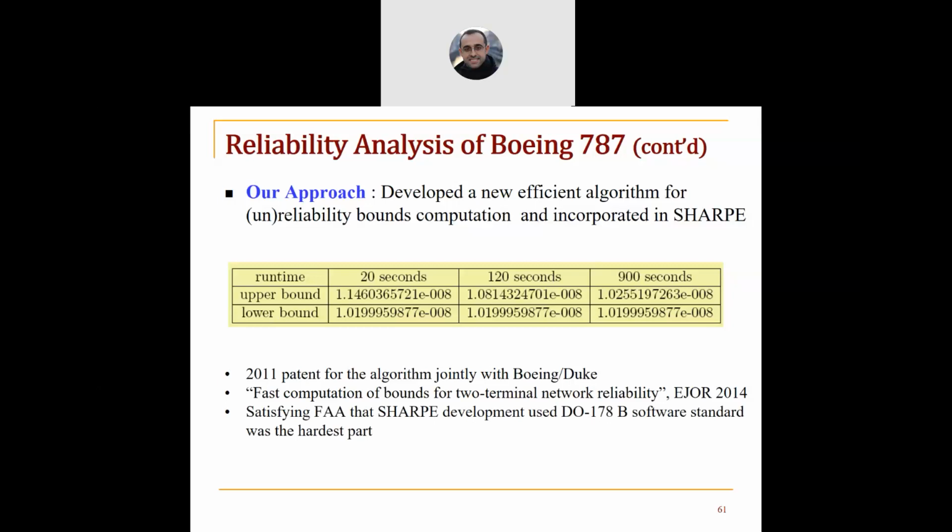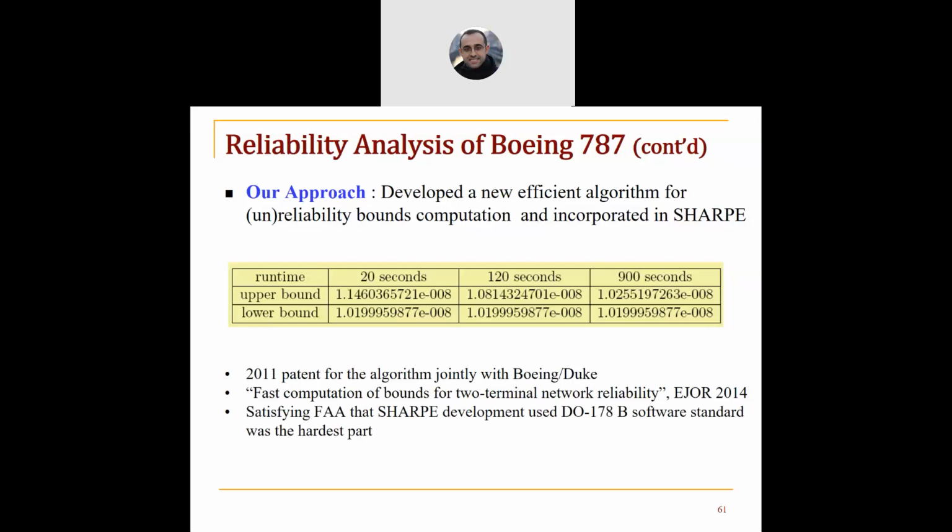And they sent me a 600-page document to verify that we used it. I had never heard of DO-178B, and SHARPE has been developed over a 30-year period with many, many different students and others and so on. So I thought I had come to the hardest part here. I have solved the problem, but really not solved the problem.